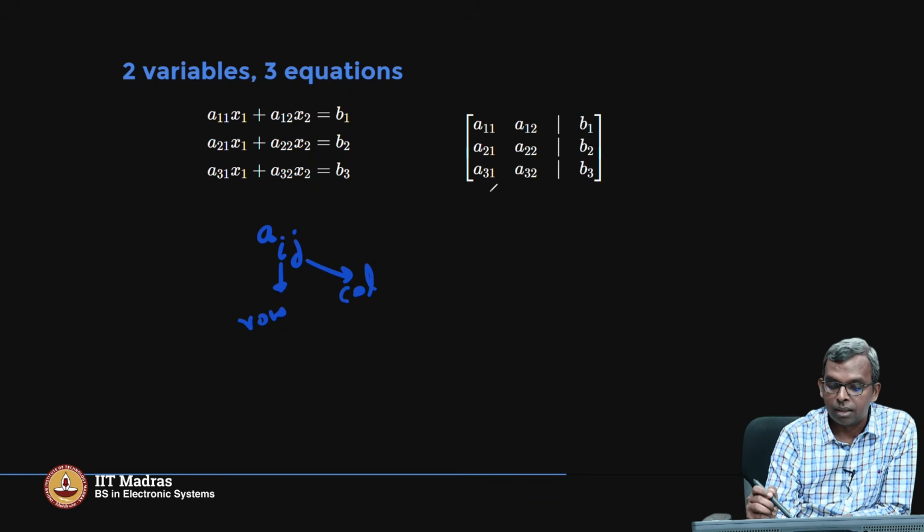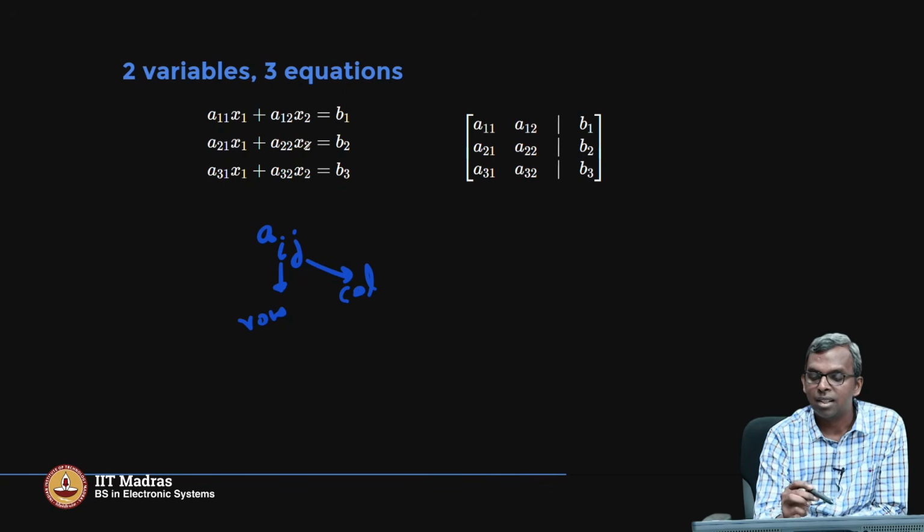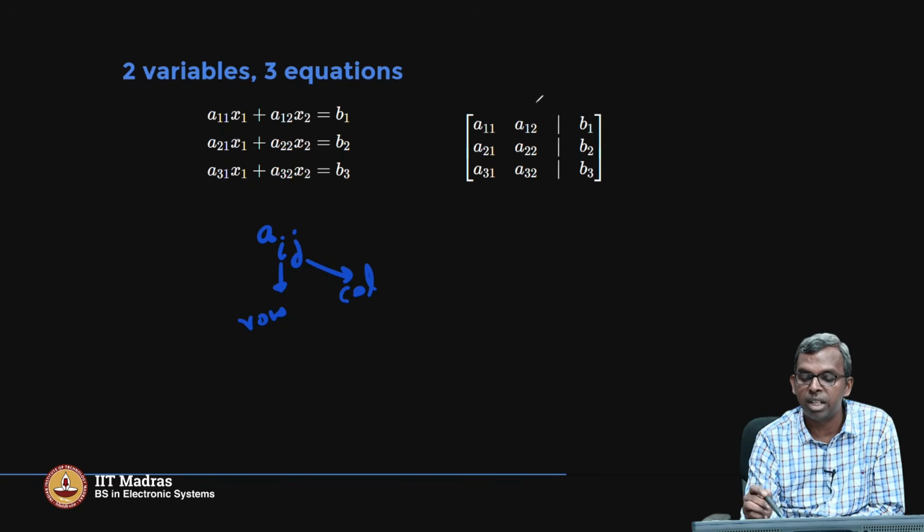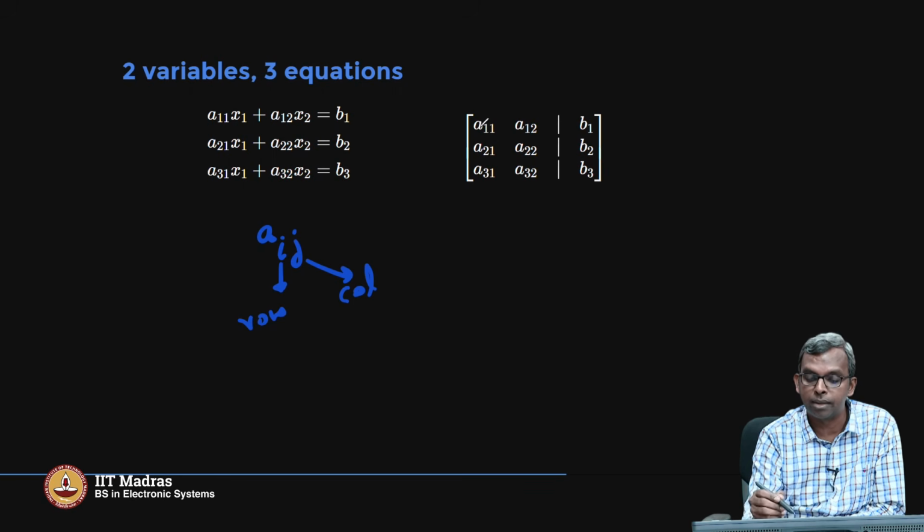And so now that's on the equation side. The same thing can be captured very conveniently in matrix form here. Notice what I've done here. I've put all the coefficients on the left hand side together on one side, and I put a dotted line to separate it from the coefficients on the right hand side. Okay, so the coefficients on the left hand side make up a 3 by 2 matrix, right?